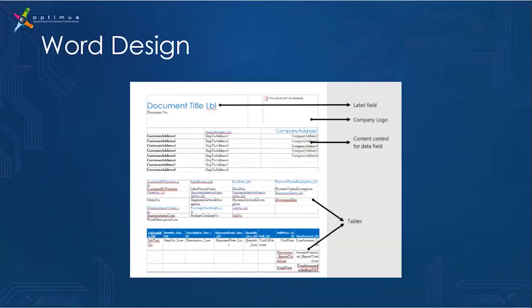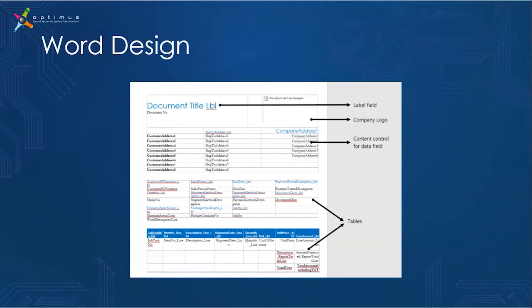So let's just verify. When you select one of your reports, you're going to get this information. It will be our template, our file actually, where you can verify your format immediately.